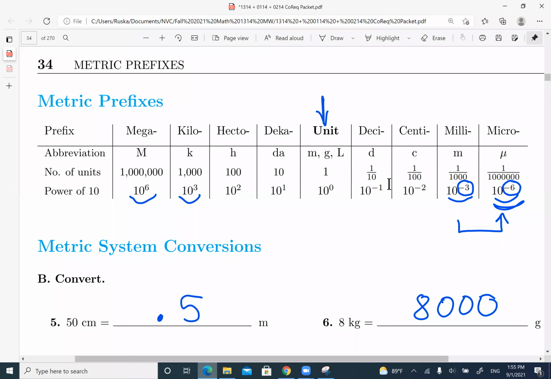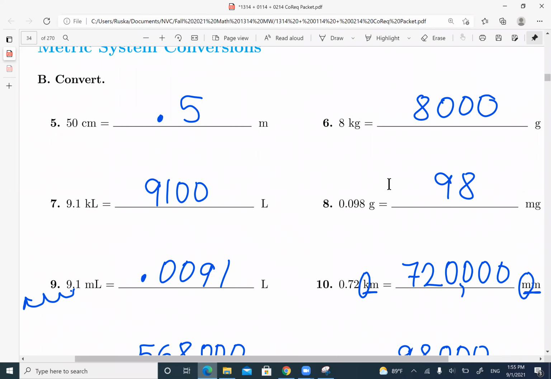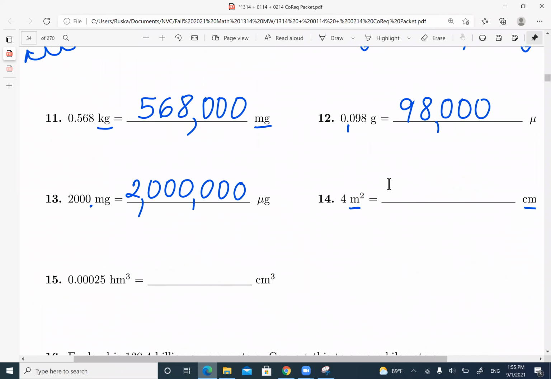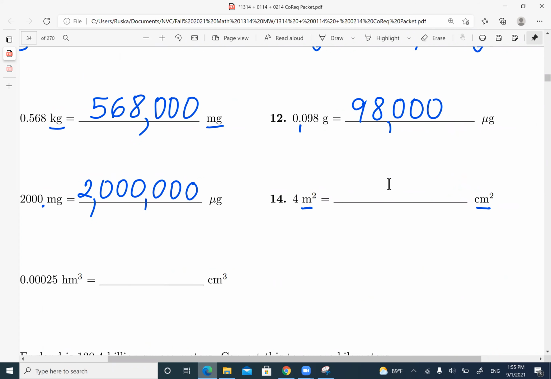So here we have centimeter is 2 places away from the original. So we're going to move it, we're going to put 2 zeros, right? So this is how many centimeters it's going to be, but you have to put 2 more zeros because it's a square.